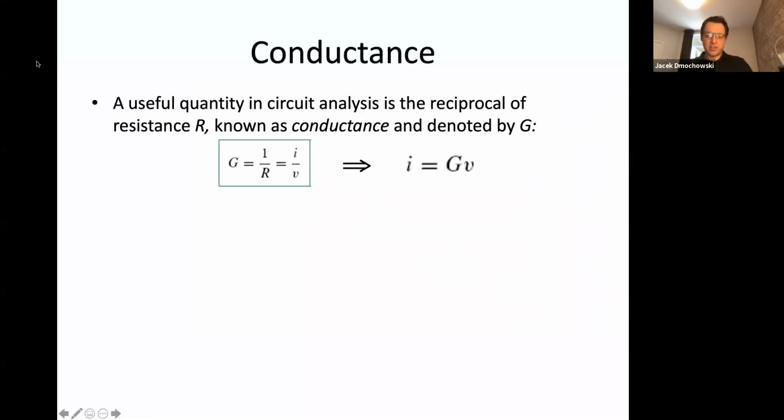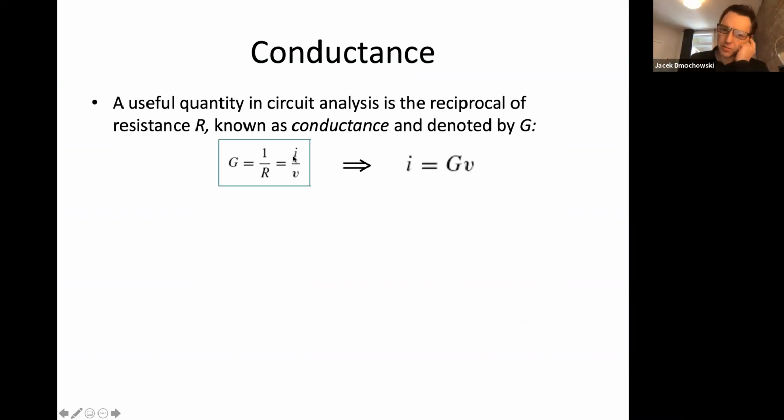Conductance. This is a useful concept. Sometimes we want to be able to compute current from voltage quickly, or for whatever reason, we want to work with the opposite of resistance. The opposite of resistance is called conductance.